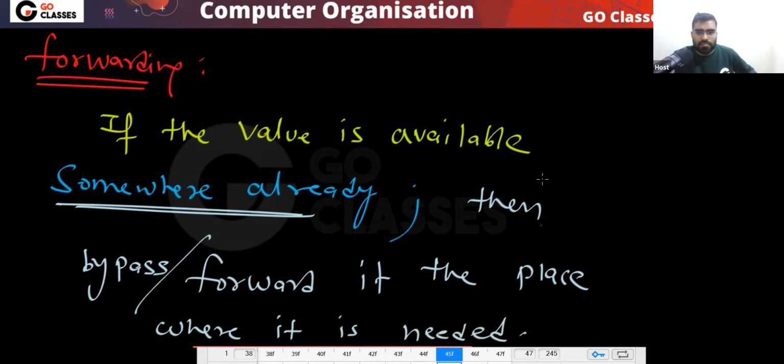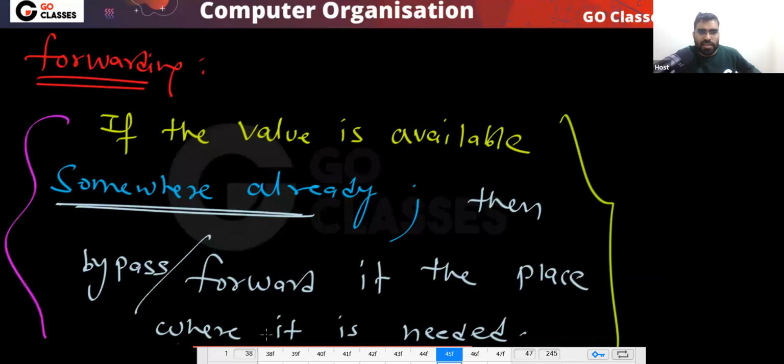Understood? Very simple, right? That's what we have done: if the value is already available somewhere, you bypass it or forward it to the place where it is needed.